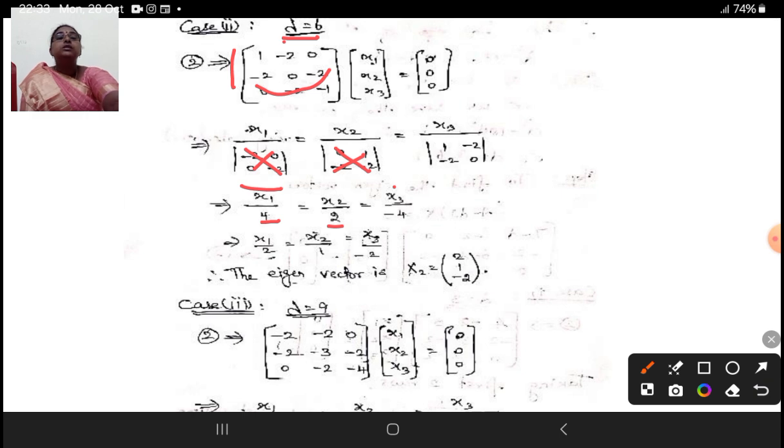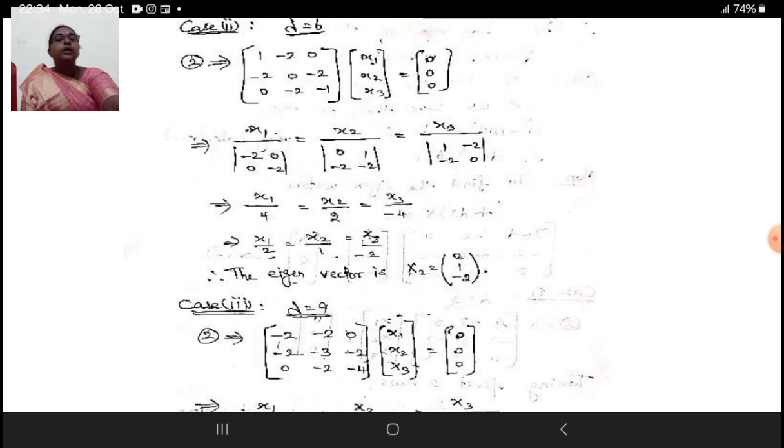Next x3: A and B, write these two columns here, first cross minus next cross, multiplying these two values we got the answer as 4. The common term is 2, so I am taking 2 outside. So x1 divided by 2, x2 divided by 1 and x3 divided by minus 2. This way we got the second eigenvector x2 as 2, 1, minus 2.